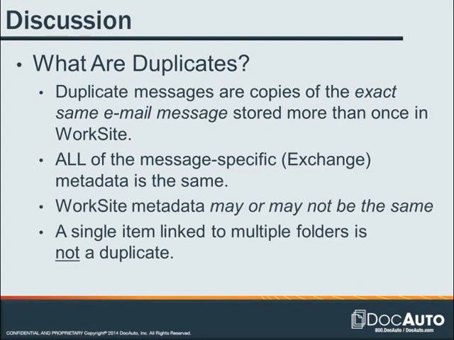A linked item, or an item that has a shortcut to it across databases, is not what we're considering a duplicate. They're really a single physical instance of the original message that is being referenced either by the link, if it's in the same database as the folder, or by a shortcut if it's in a different database than the folder within the WorkSite environment. So that is not what we're considering to be a duplicate.